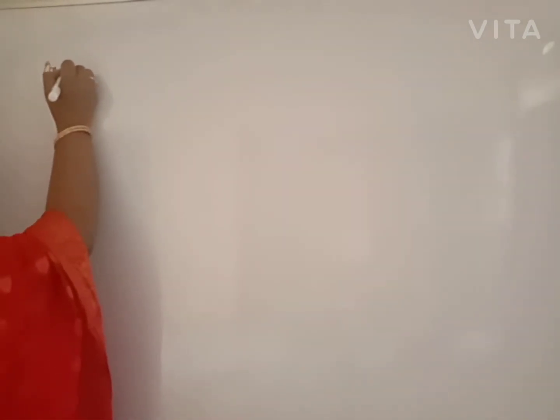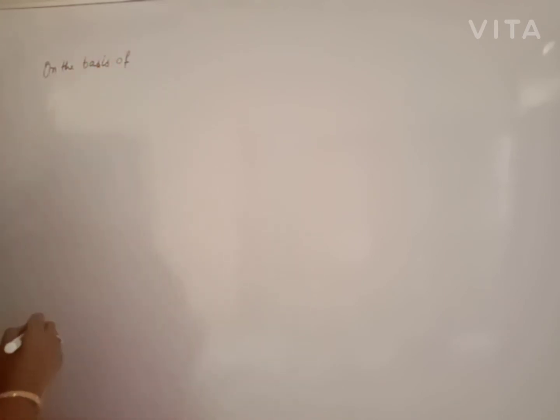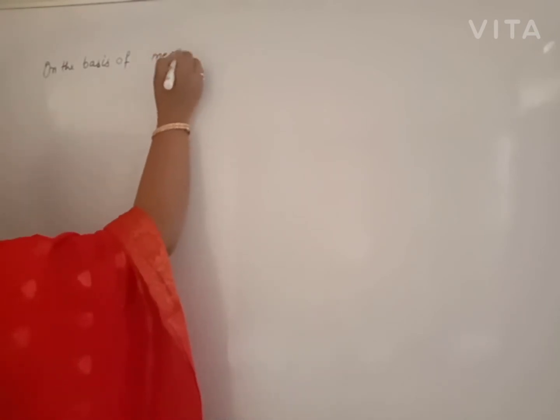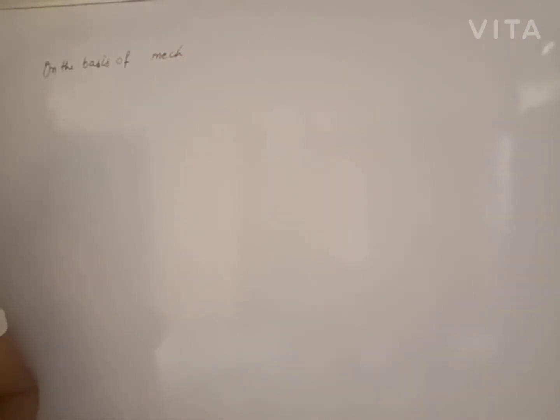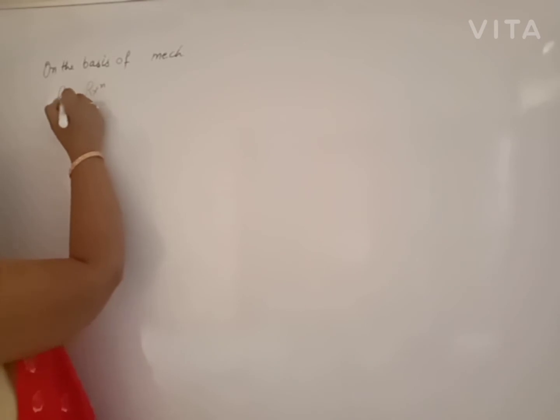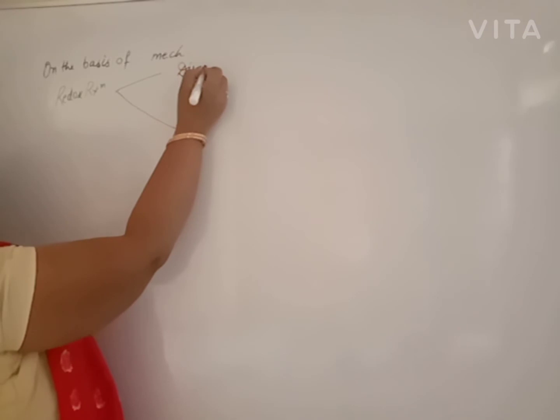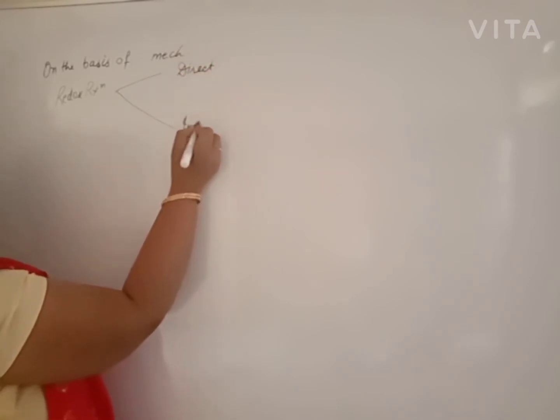First, on the basis of mechanism, redox reactions are of two types: direct redox reaction and indirect redox reaction.